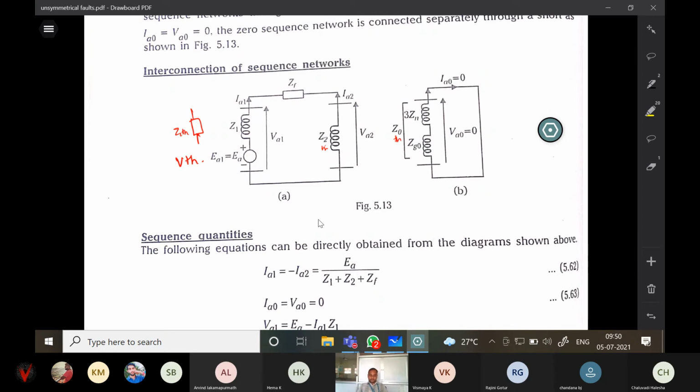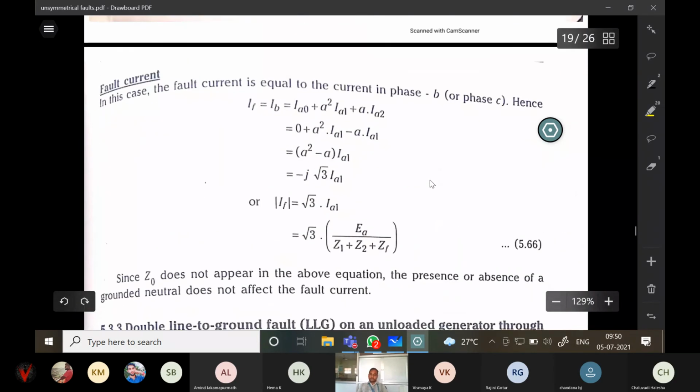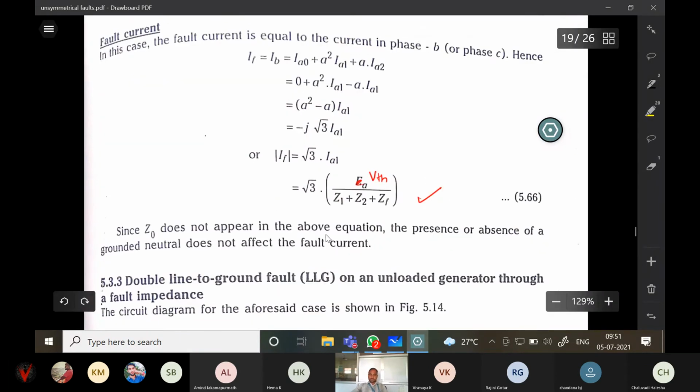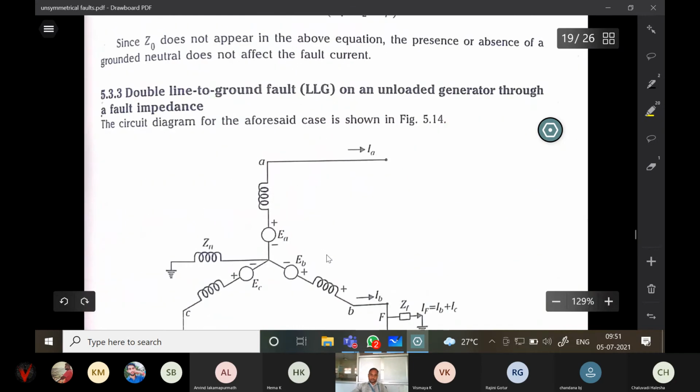Only that is the change, and the fault current finally becomes root 3 times of, instead of EA, VTH. Okay, that is the only change here. Since Z0 does not appear in the equation, the absence of a ground neutral does not affect the fault current. Okay, this is about this fault.